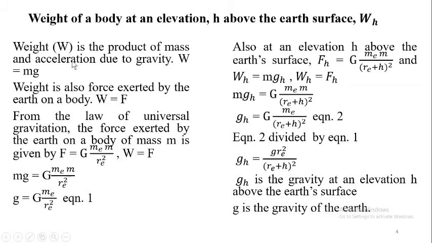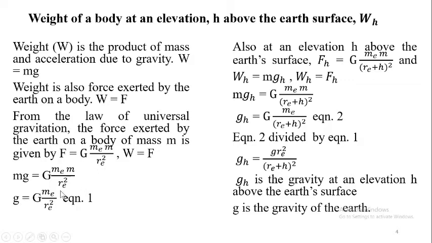Well, in this slide, if you have followed me from the previous slide, it has been meticulously dealt with, where we said that the weight W equals the mass times acceleration due to gravity, and then we've also expressed the force F equals the gravitational constant G times the mass of the Earth times the mass of a body all over the radius of the Earth squared from the universal gravitational law.